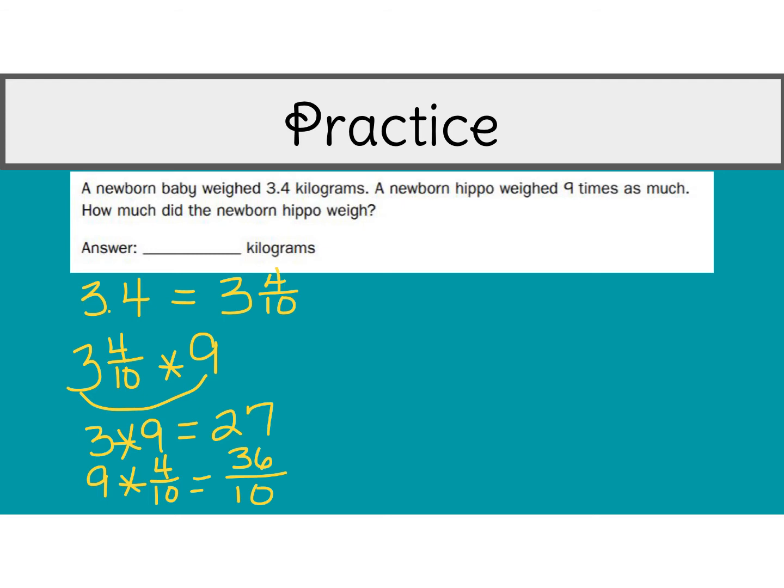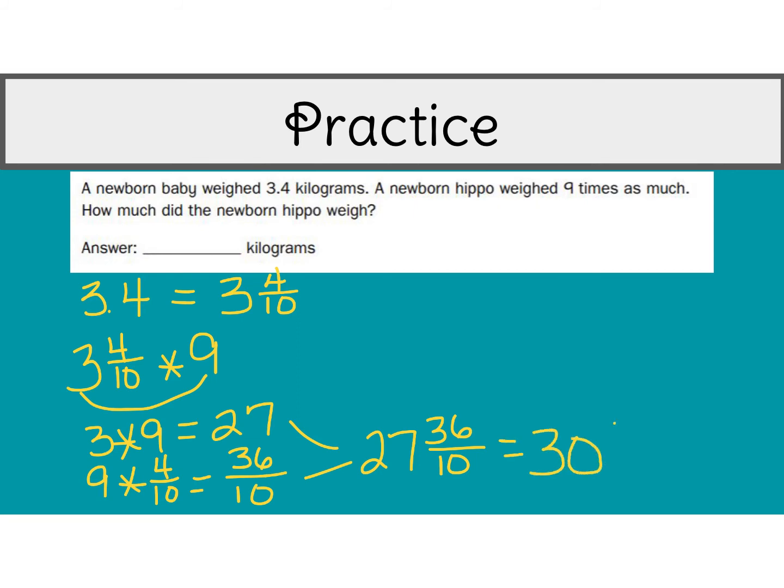We're going to put the 27 and the 36/10 together. And when we do that, it becomes 27 36/10, which of course 36/10 is larger than a whole. So that in itself is going to equal 3 6/10. So we're going to add 27 plus 3, which equals 30.